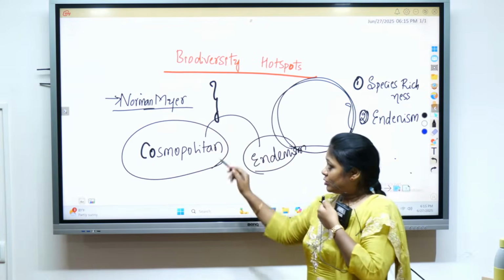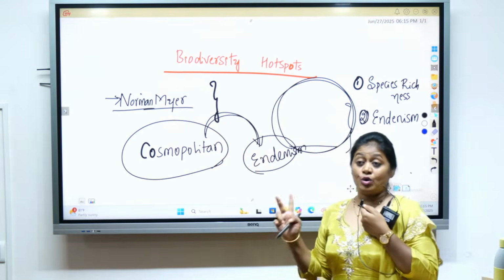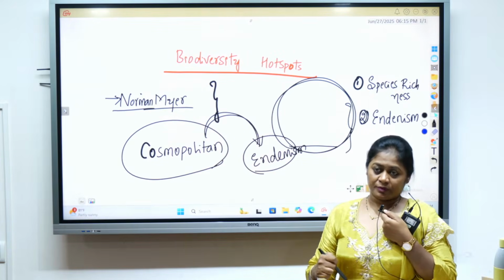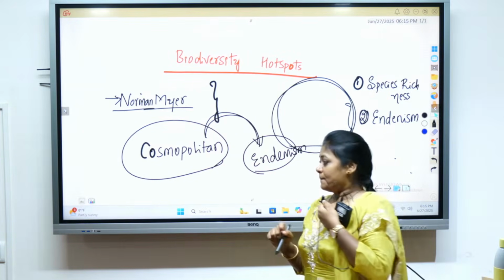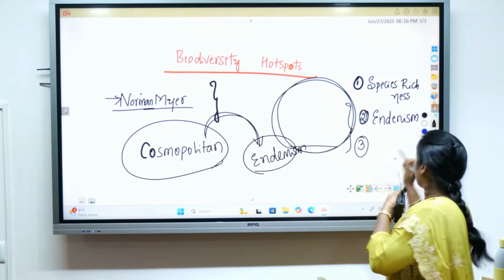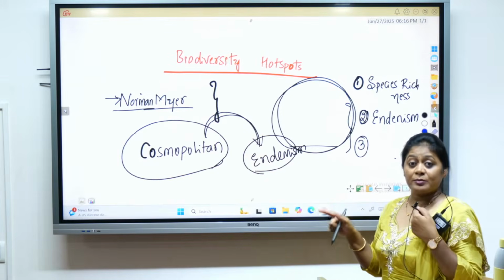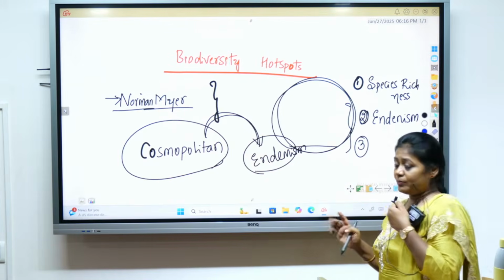So cosmopolitan and endemism are two contrast words. The first criterion is species richness, the second is endemism, and the third one will be habitat loss.